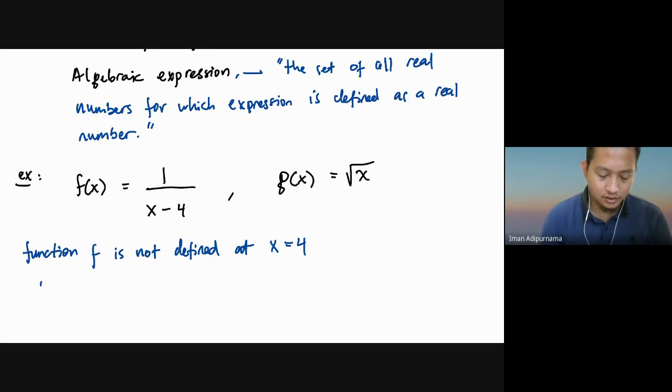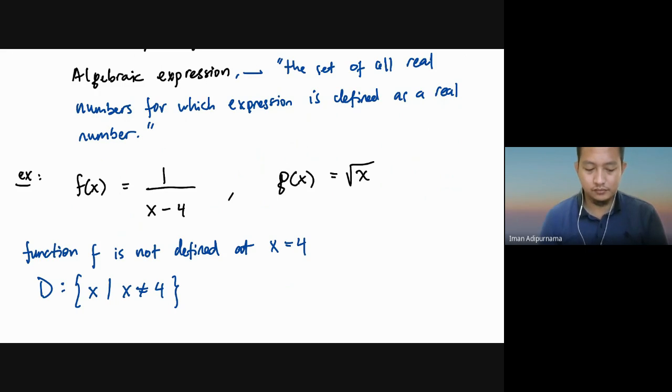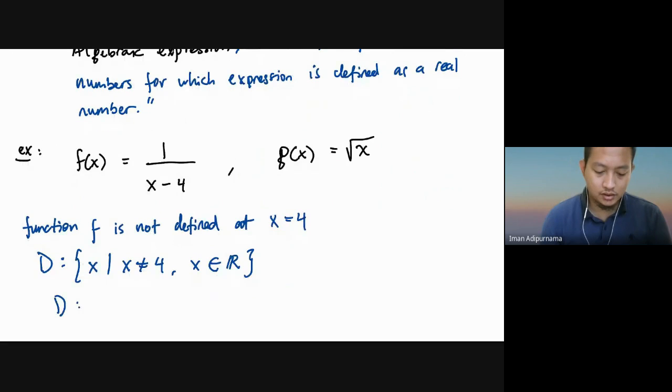So we can say the domain is... Or if you want to write completely, you can write x is an element of the reals, meaning x is all real numbers except 4. You can also write like that. Or you can just write D is x not 4, and of course the other numbers are okay. You can also write it simply like that.